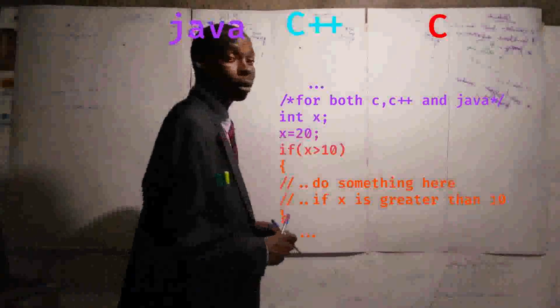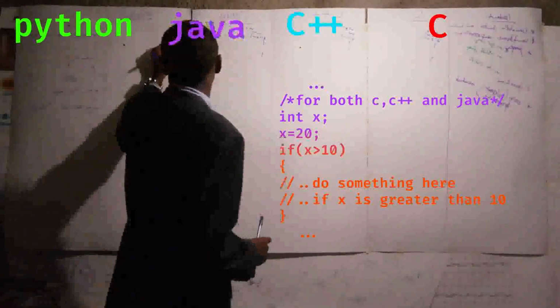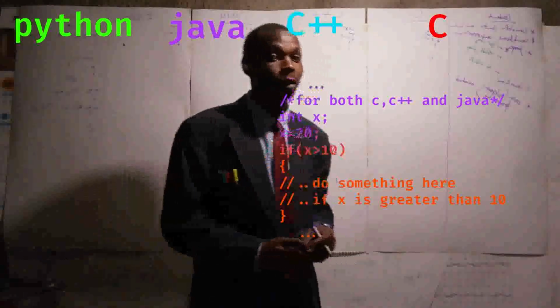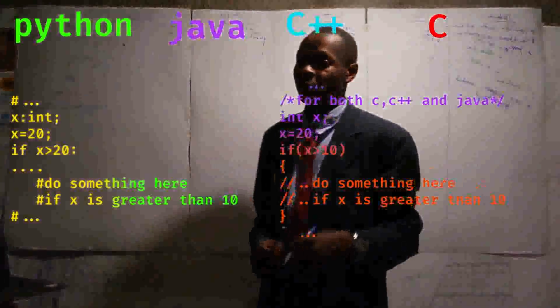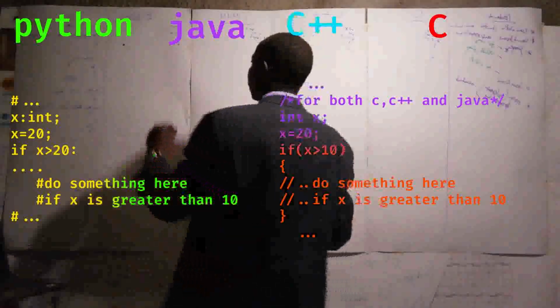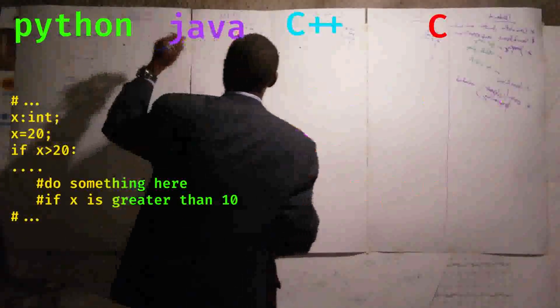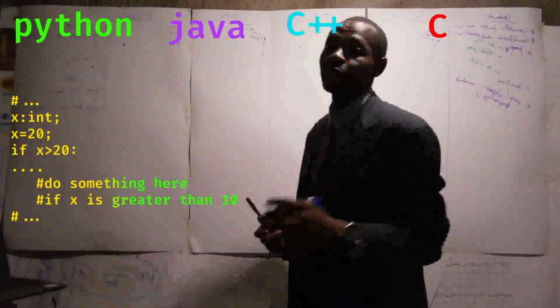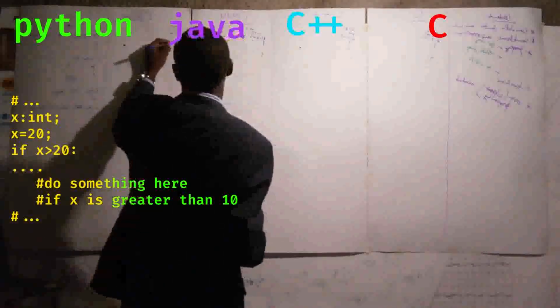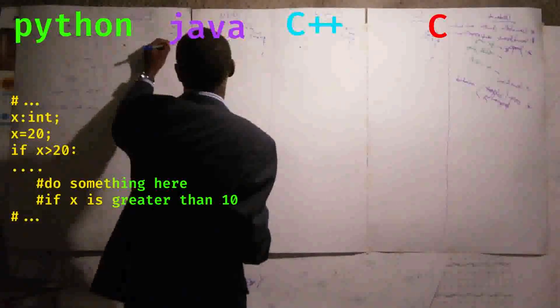So how to write the if in Python? You should press the space key: if, space, x greater than 10. You write the greater than symbol, then 10.